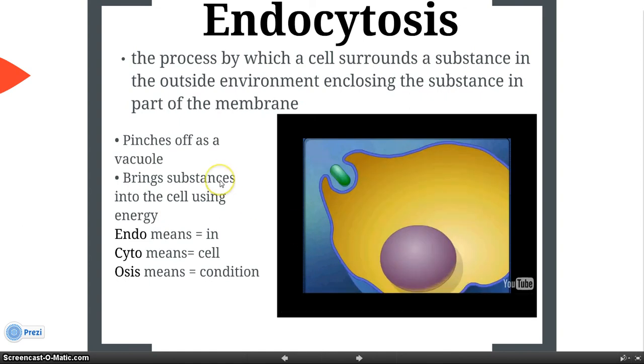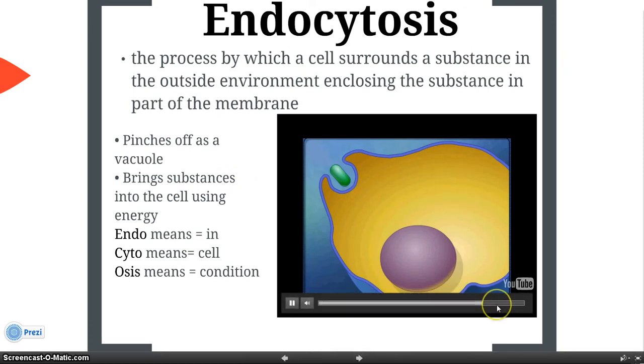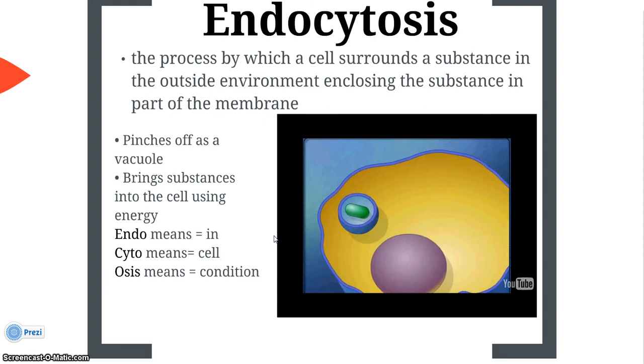So as you can see here, the cell is engulfing or surrounding that substance, and it will bring it to the inside. Once it brings it to the inside, it brings it in as what we call a vacuole. It's still active because it is using energy and some kind of carrier protein, but we just call it a vacuole.